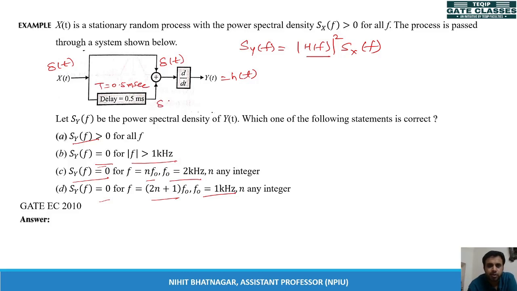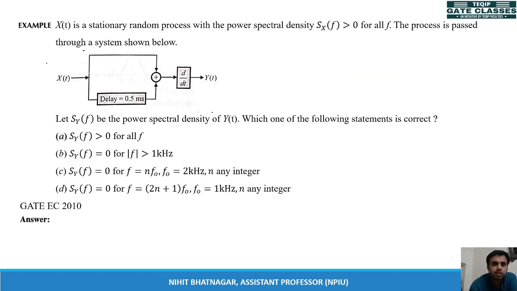So it becomes delta(t minus T). After adding both signals we have to differentiate it. So this becomes d by dt of delta(t) plus delta(t minus T).